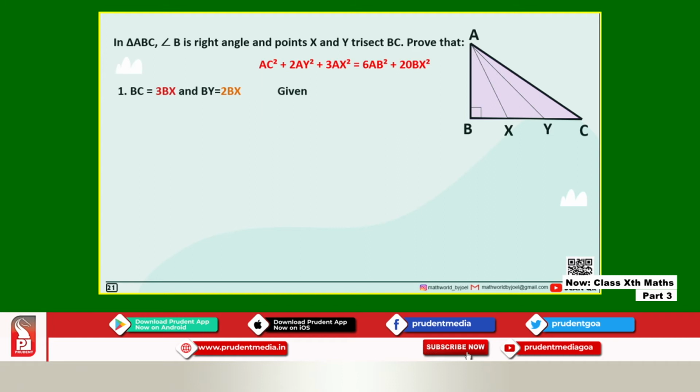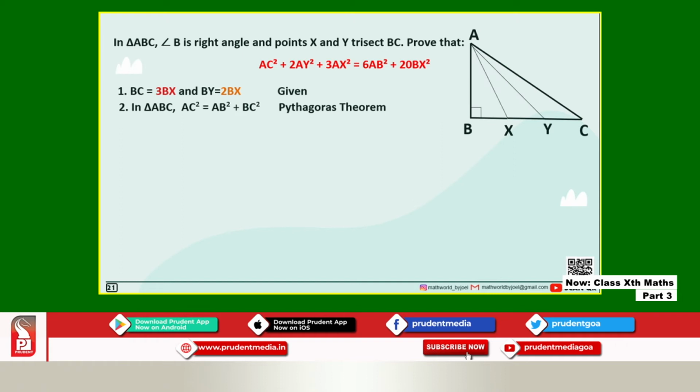Now look at the entire triangle ABC and let us write Pythagoras theorem for it. Pythagoras theorem would be AC square is equal to AB square plus BC square. In the figure we have BC, and in step 1 there's also BC, so all we are going to do is replace it.